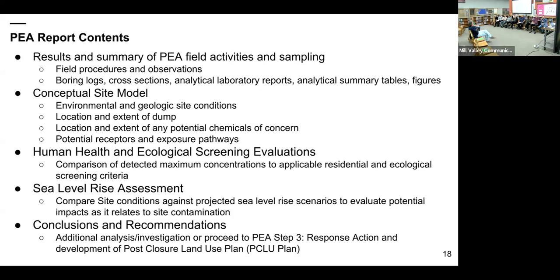Usually, once remediation is done, the RAW and the PCLU will outline types of remediation that are there, how they're conducted, and how to safely conduct those. And then they outline procedures that need to be followed long-term for routine inspections, any routine sampling, or anything that needs to be done to ensure that the mitigation or construction is safe long-term for the site users. You can take that one.